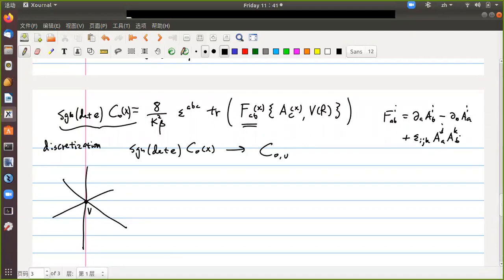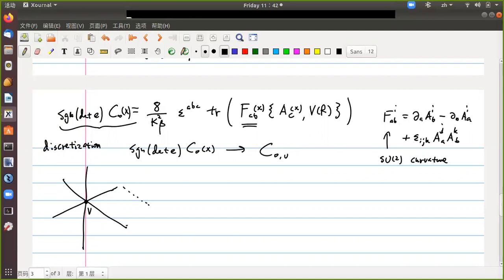This is the SU(2) curvature of the Ashtekar connection. So firstly, we need to consider discretization of this curvature. The discretization involves the loop holonomy.